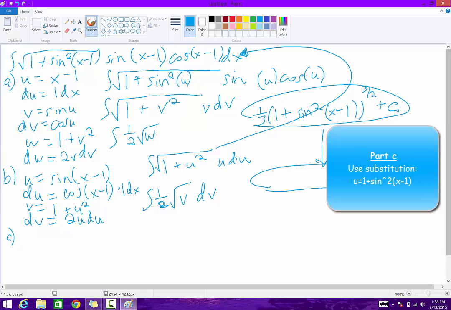For part C, we would perform the substitution u equals 1 plus sine squared of (x minus 1).